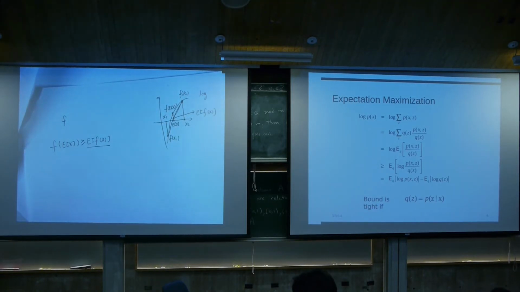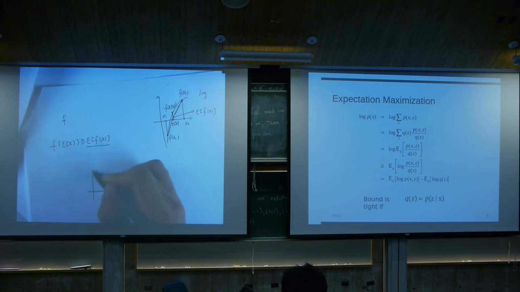So intuitively, if you take 2 points and connect their function values with a line, this is the chord of this function. Jensen's inequality says that the graph of this function is always above this chord. See, no matter how you draw these 2 points, the graph of this function is always above this chord.